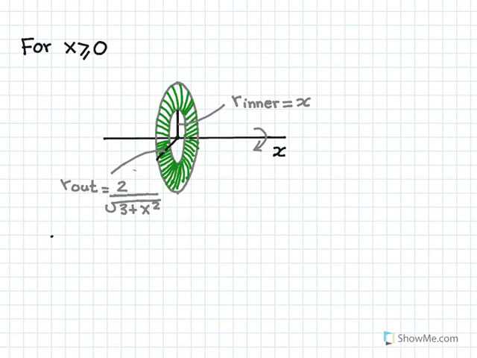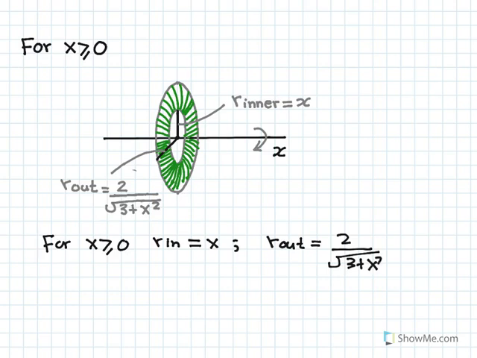For x larger or equal to 0, the inner radius is x. The outer radius is equal to 2 divided by root of 3 plus x squared. For x negative, x less than 0, radius inner now changes. It's minus x. The radius outer is the same, 2 divided by root of 3 plus x squared.